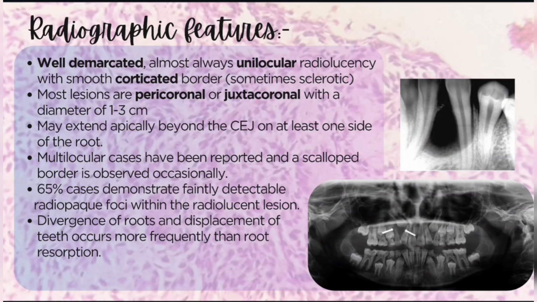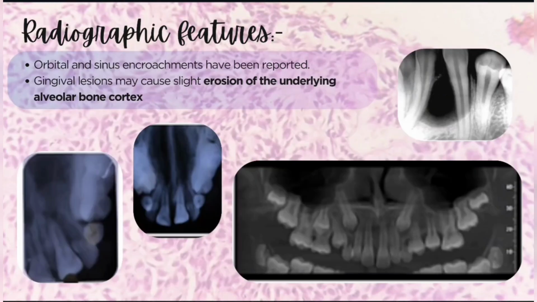As I've told that it is often associated with impacted tooth, so there can be divergence of root in case of unerupted canine if it is in primary teeth are not exfoliated, and if the lesion is associated with permanent teeth, then divergence of root can be seen, and displacement of teeth can occur due to impaction or mass. Of course, if a mass is growing and it is obstructing the way of the erupting tooth, then displacement of teeth can occur.